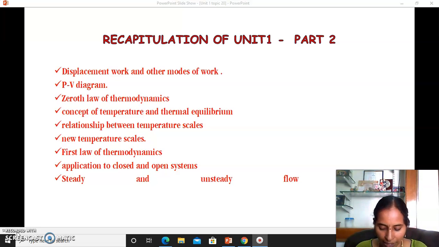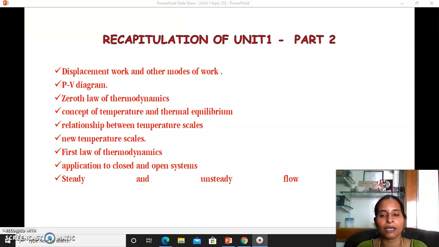And unsteady flow manifests when the rates at which mass and energy enter the control volume are not equal to the rates at which mass and energy move out of the control volume. Here I have not given importance to unsteady flow processes, since the analysis is a little bit tougher, so just try to know what unsteady flow means.